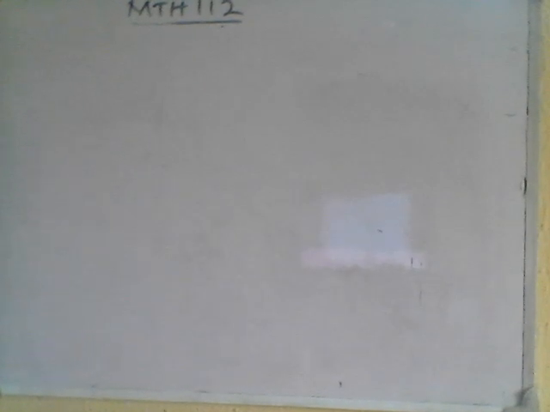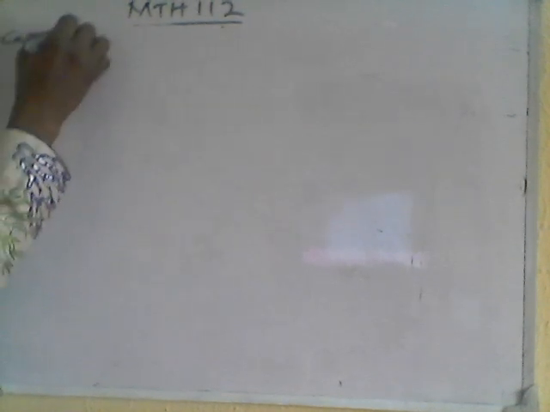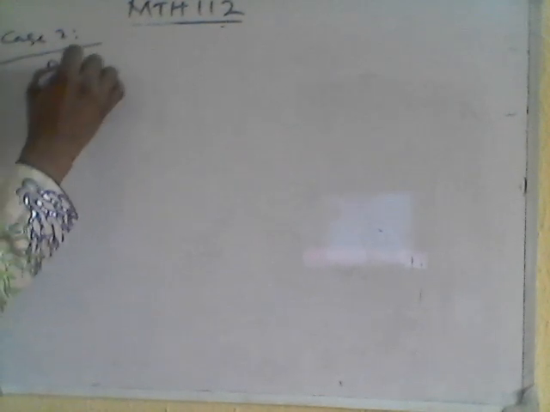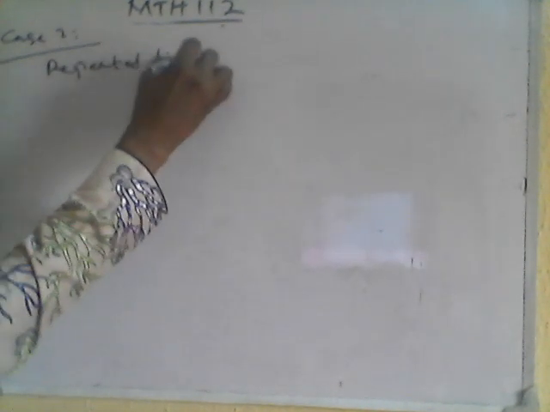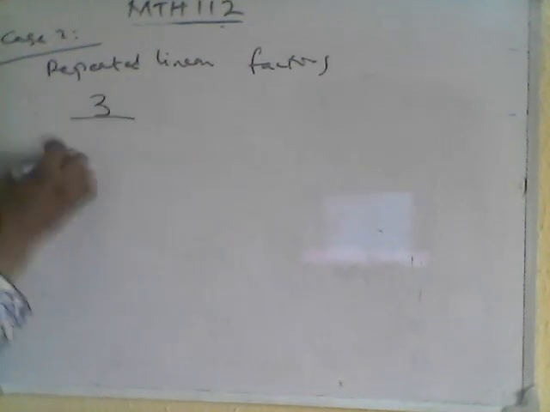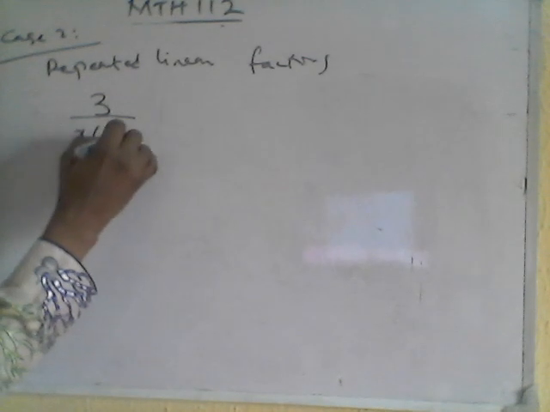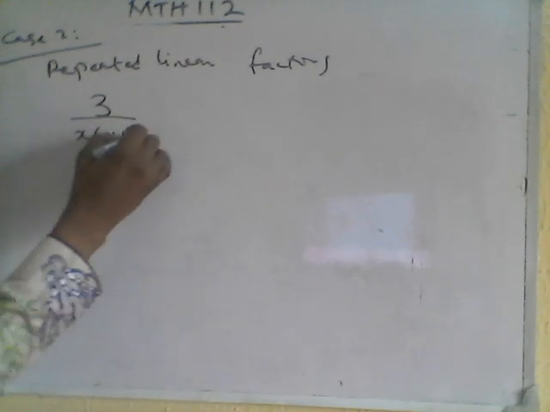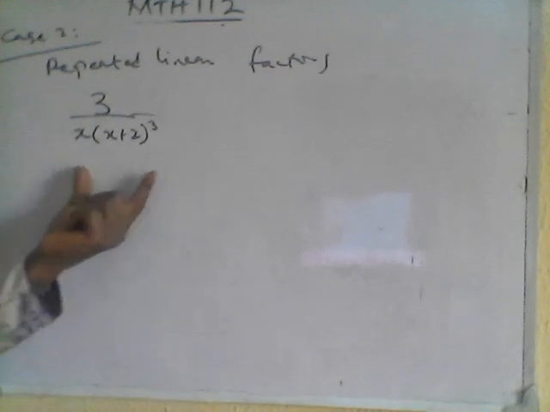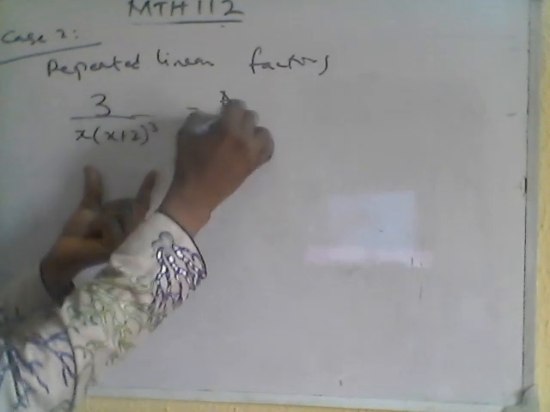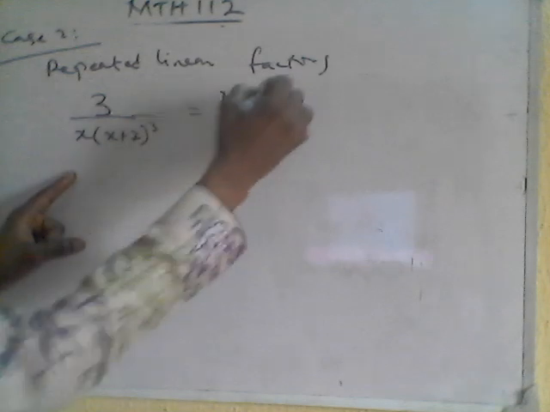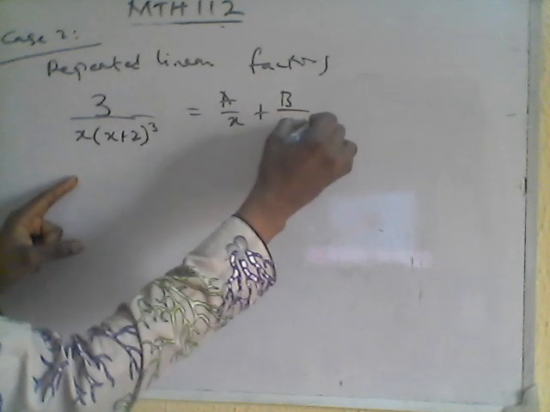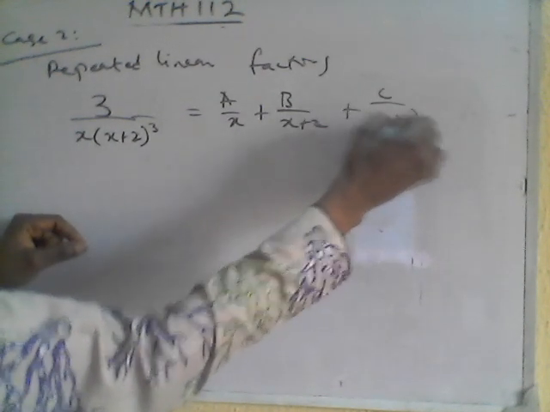So the general rule for partial fractions is that you need to resolve some fractions into partial fractions. Let me call this case 2. If I have repeated linear factors, that is, for example, 3 over x times (x plus 2) all cubed, you see that this can be resolved into something like a over x plus b over x plus 2, then plus c over (x plus 2) all squared.